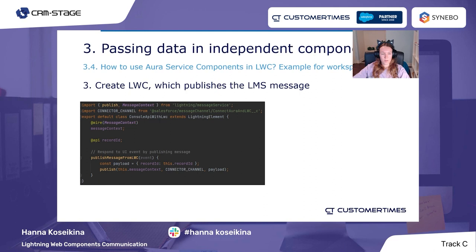Then I create a Lightning web component which publishes to the Lightning message channel, and I wire the message context again. I import publish, message context and the connector channel. I have here a method, publish message from LWC, which creates some payload with the record ID and publishes this message. I use this method to be called on a button click.